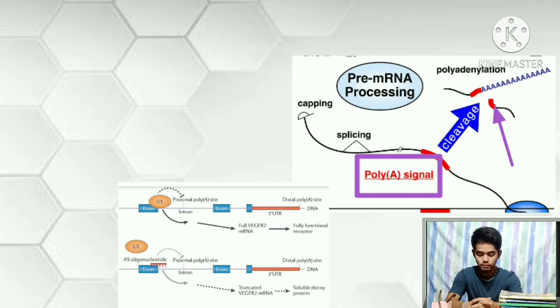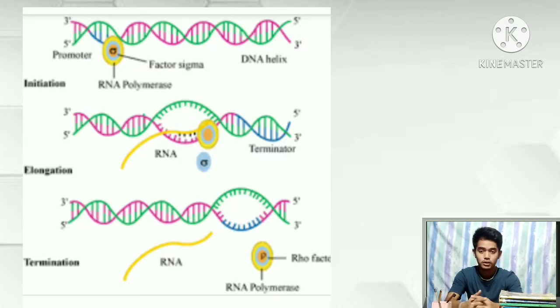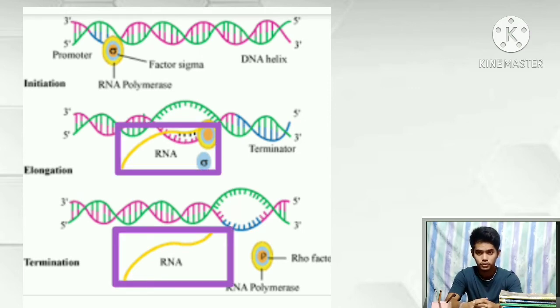So, the first process is transcription. In transcription, we transfer genetic information to mRNA, so that we have a new RNA that can be converted into protein in a translation process that we will discuss in the next video.